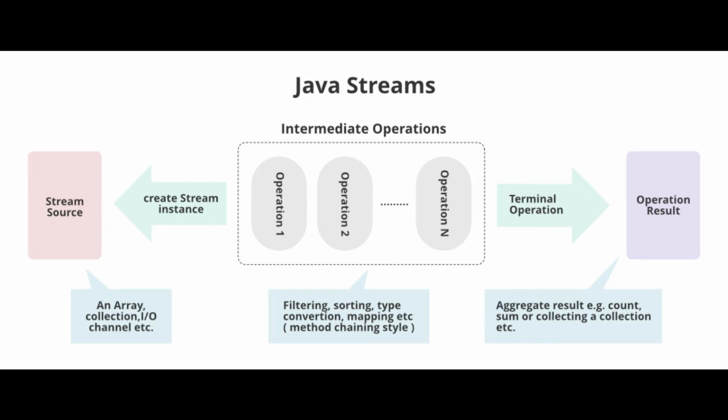Above the intermediate operation, Java streams have an API to perform operations on the data we get from the stream source. They can do filtering, sorting, type conversion or mapping, whatever operation they want, and finally they come up with some aggregate result and show it to the program.